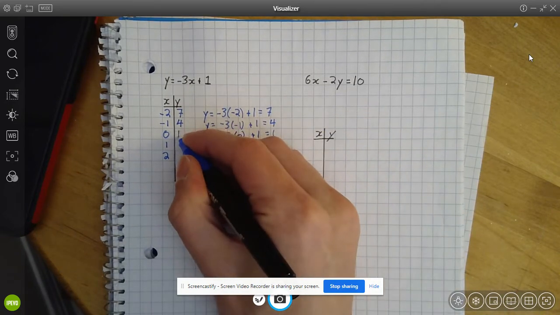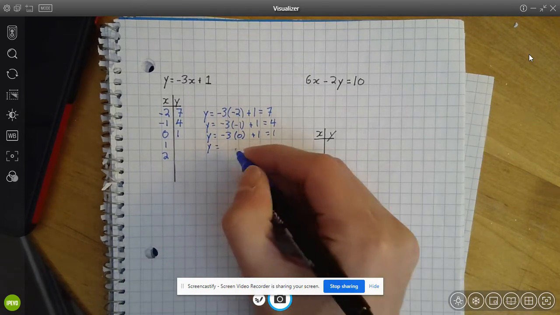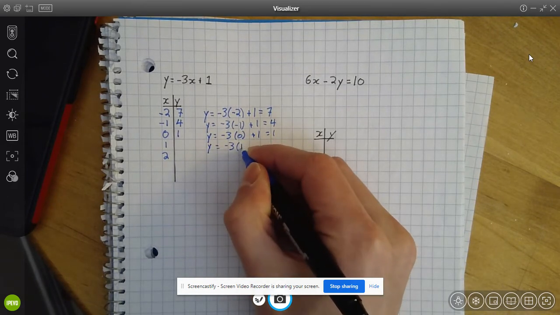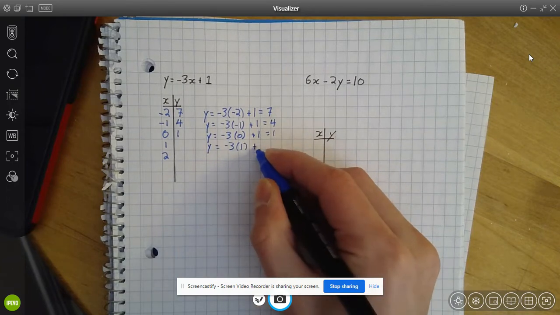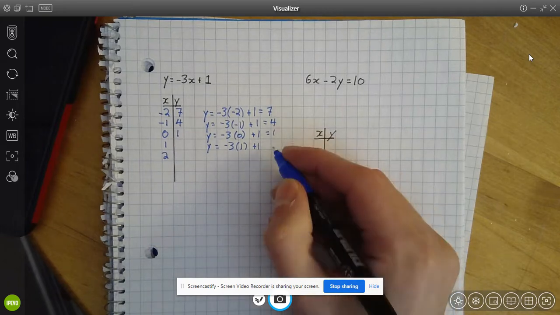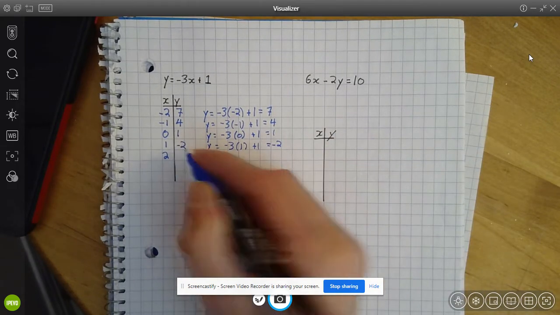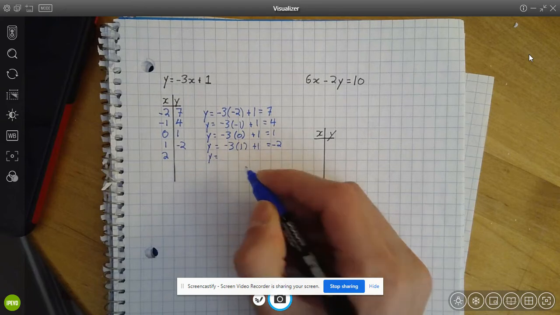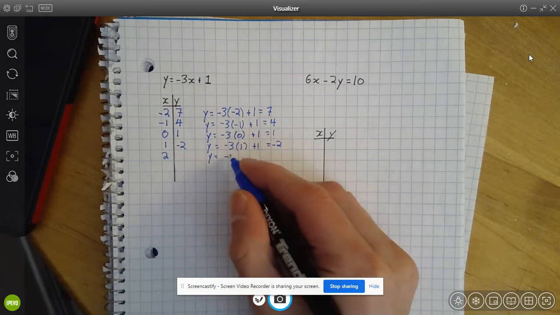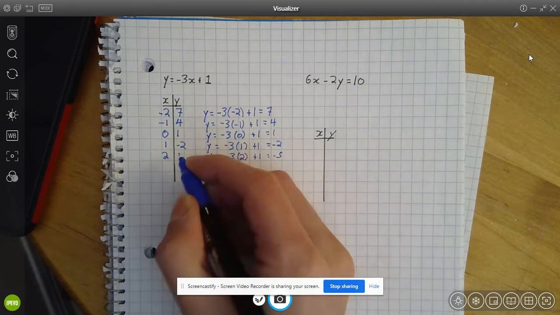Do you notice a pattern in the dependent variable, the y values, something that we're going to talk about in future lessons in this unit? -3 times +1 is -3, plus 1 is -2. I guess just a theme of this course is be really careful with your negatives as you're working on these. And then I finally got -3 times +2, that's -6, plus 1 equals -5.